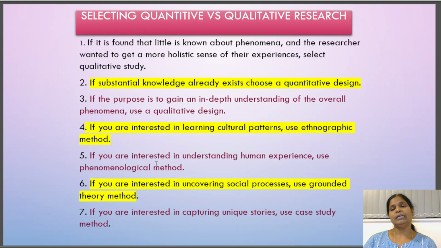If you are interested in understanding human experiences, then you should use phenomenological research methods. If you are interested in uncovering social process, then use the grounded theory method. If you are interested in capturing unique stories, then you go for the case study method.